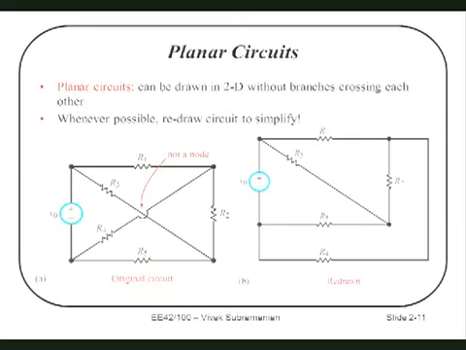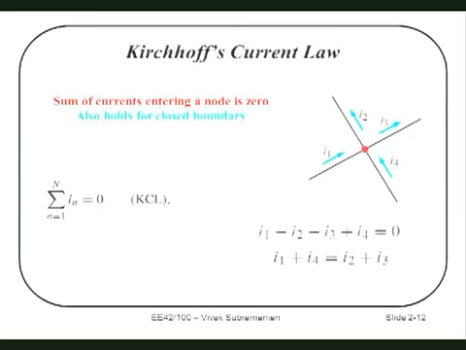We now get to introduce arguably the most important rule you're going to learn in this class, or this is one of 2 really important rules you're going to learn in this class. And that is the law associated with the current entering and leaving a node, called Kirchhoff's current law.